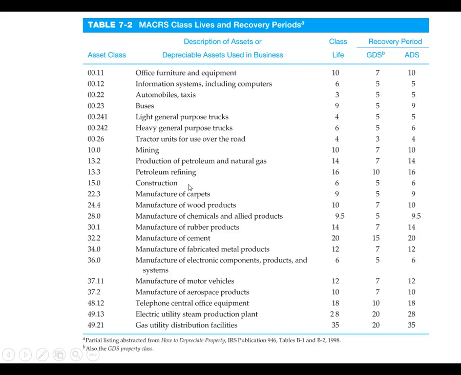So they estimate that it'll last 6 years, but you depreciate it over 5. Equipment that is used for manufacturing cement, they estimate will last for 20 years, but you actually get to depreciate it over 15, and so on.